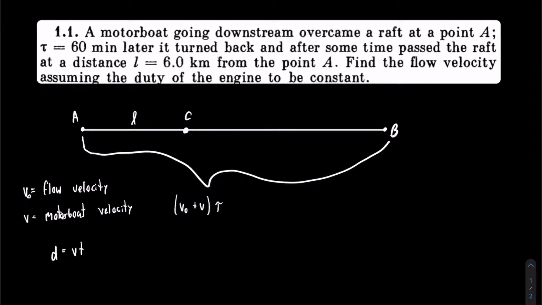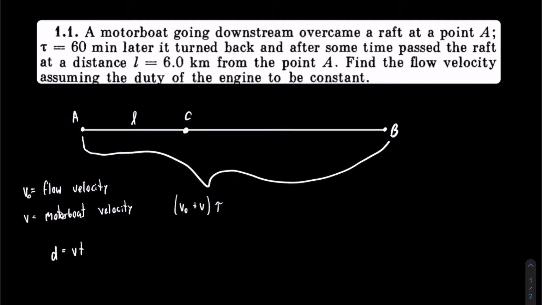So that's the time, but then the velocity is going to be the sum of the velocity of the motorboat in still waters, plus the flow velocity, because that's also going to be pushing and contributing to that motorboat velocity.